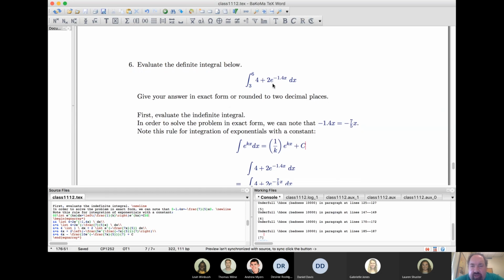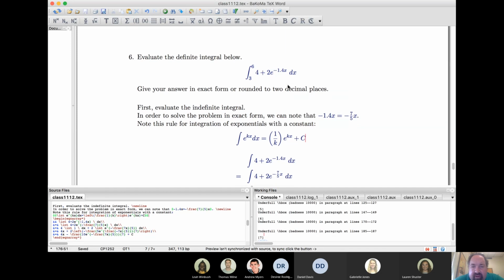Okay, here we have an exponential again, but it's not e to the x, it's e to a constant times x. So it's important to pay attention to how to handle that. When you have an exponential such as this, e to a constant times x, the antiderivative is itself, but you must remember to divide by the coefficient of x.